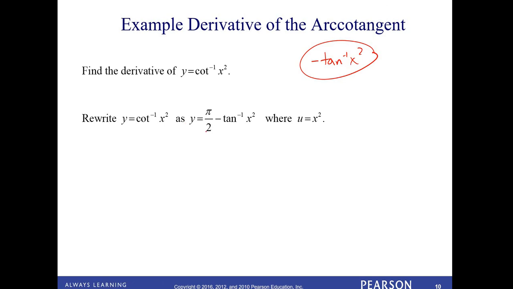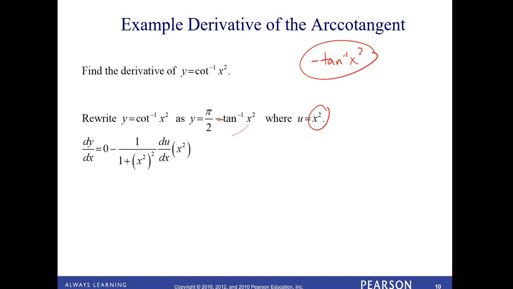So let's do one more example. Find the derivative of y equals cotan inverse of x squared. So cotan inverse is going to be the opposite of our tangent inverse, and we're going to need a chain rule on it. So setting up our negative in front of our tan inverse, and our inside function that we're going to use our chain rule on.